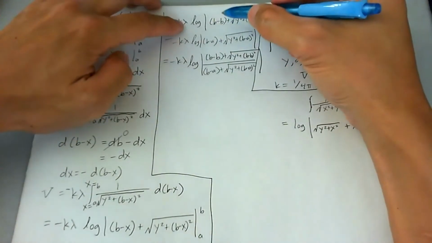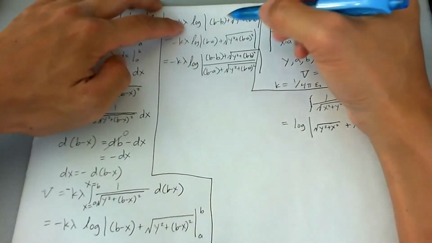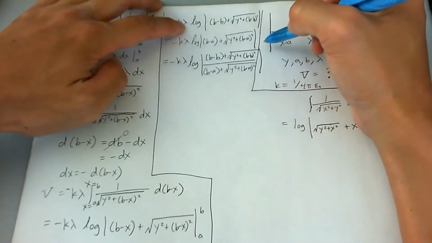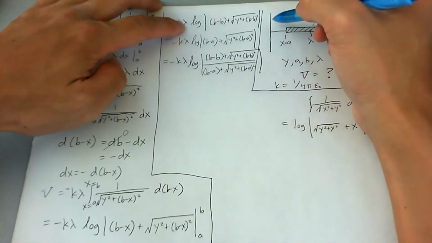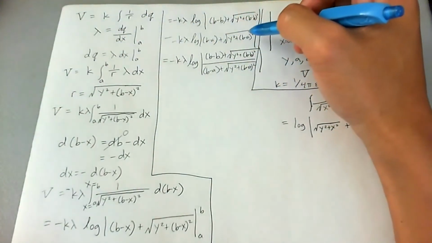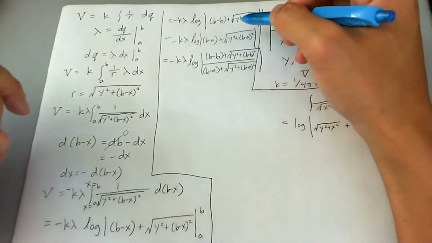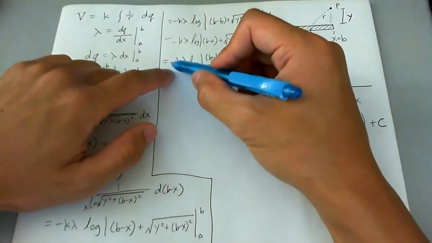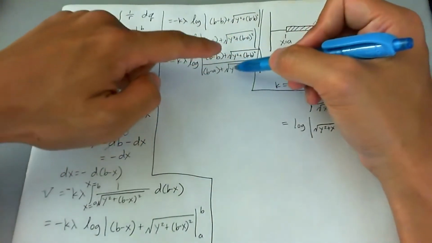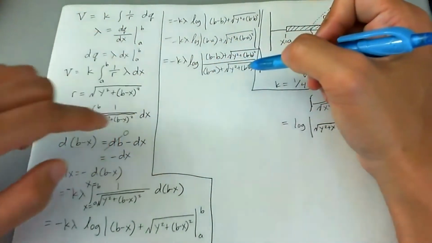To make it easier, if you get rid of the negatives here, that means you'll have to switch around the argument. So instead of log of b minus b so forth minus b minus a so forth, it's now log of b minus a so forth minus log of b minus b. The negative switches around which term came first, which is the same as switching the numerator and the denominator.